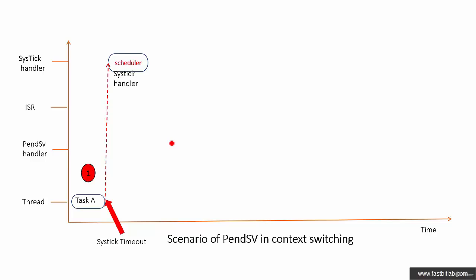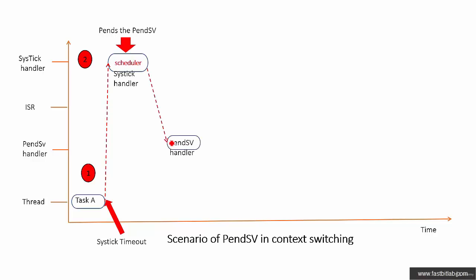Scheduler code is nothing but a SysTick handler. What the scheduler code does is it pends the PendSV. It doesn't actually carry out the context switch. I will tell you why it doesn't carry out the context switch. I mean, it can carry out the context switch, but generally we don't do context switch in the timer handler. The SysTick handler or the scheduler just pends the PendSV.